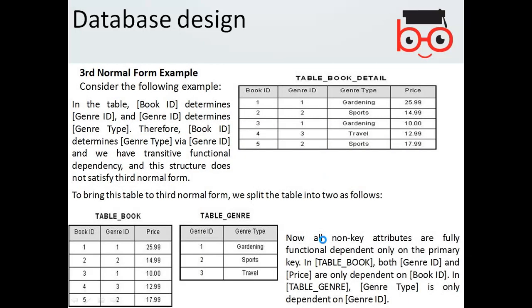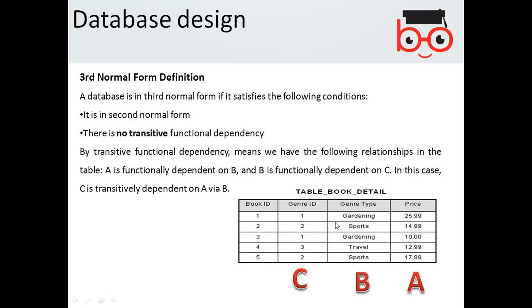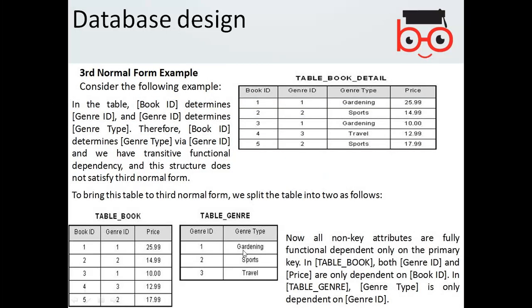What you need to do is that over here, Genre ID was closely related with the Genre type. So there was a repeating, like here, one is for gardening and again here one for gardening, that thing is repeating. So how is this solved? Gardening has a Genre ID, sports has a Genre ID, travel has a Genre ID.